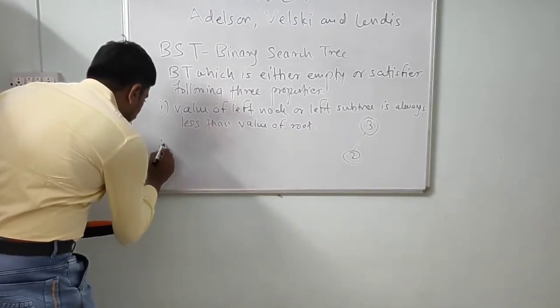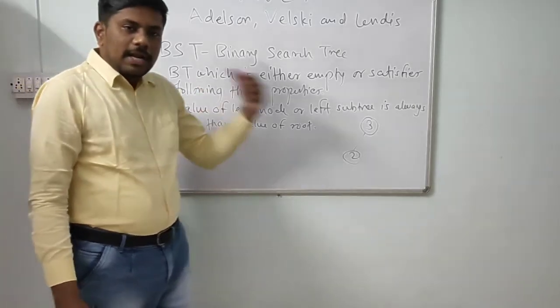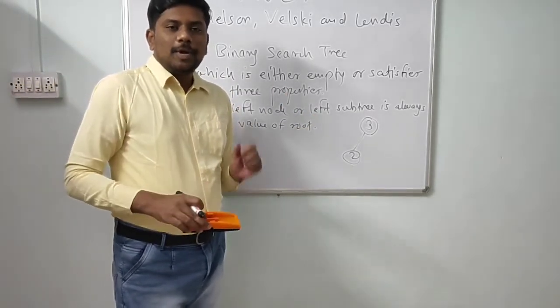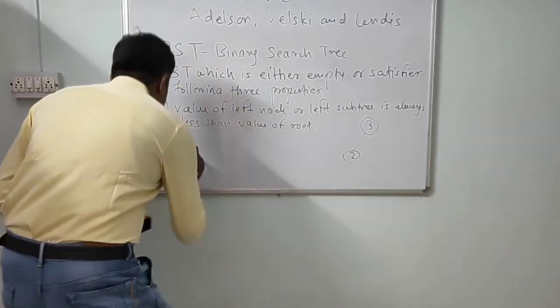What is the second property? The value of the right node or right subtree should always be greater than the value of the root.